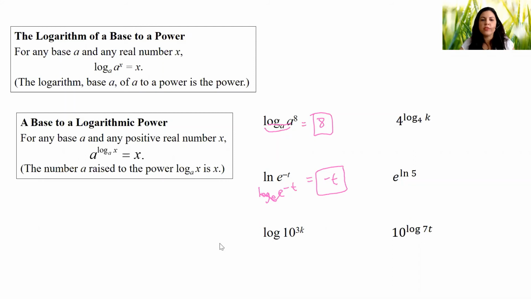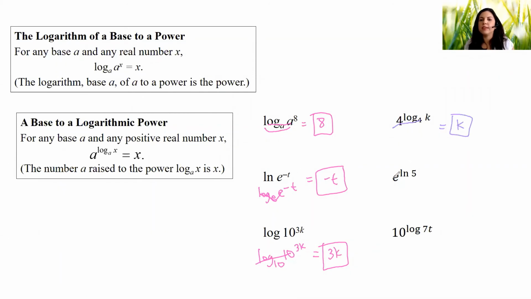Similarly here with this log, that's the common logarithm. That means log base 10. And if we're taking log base 10 of 10 to the 3k, those cancel out. This is just 3k. Also, on the other side here, we have these terms raised to logarithmic expressions. 4 raised to log base 4 of k cancels out.